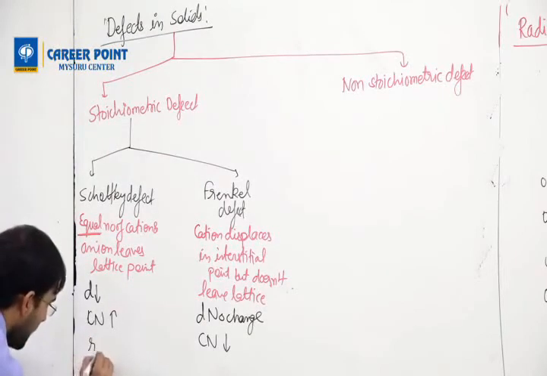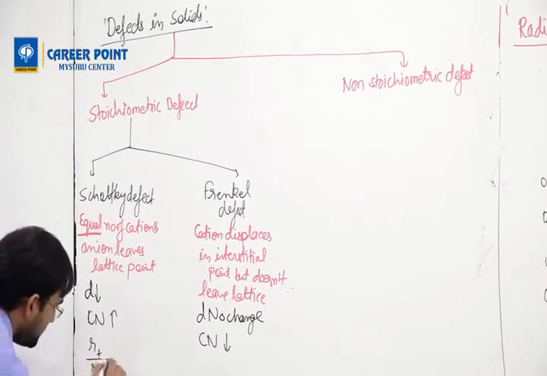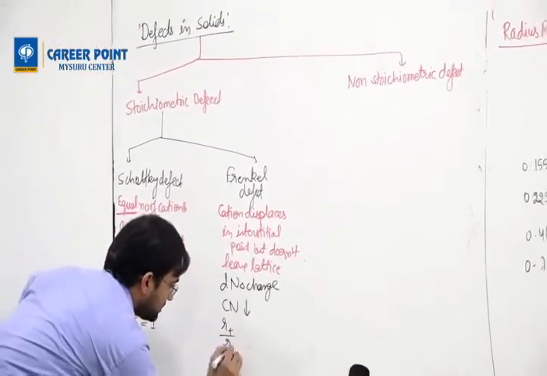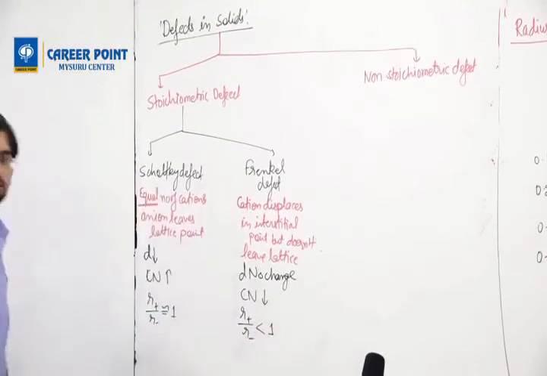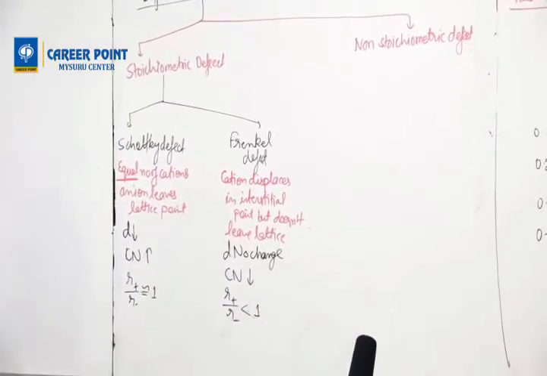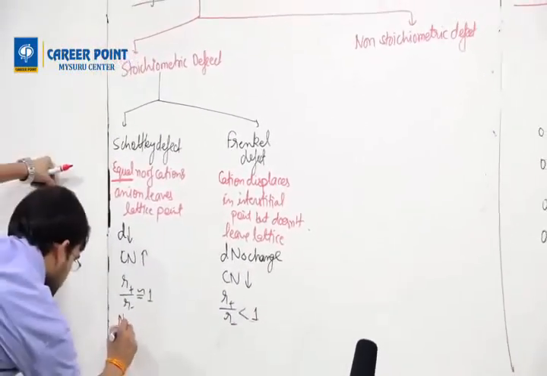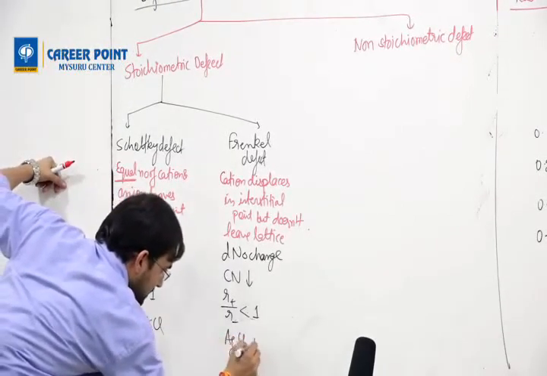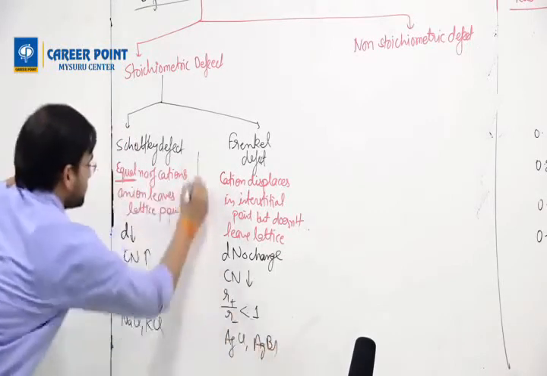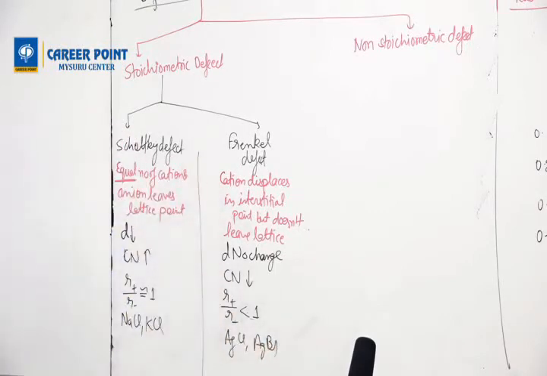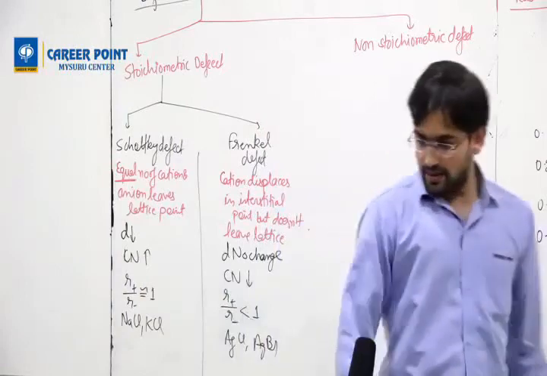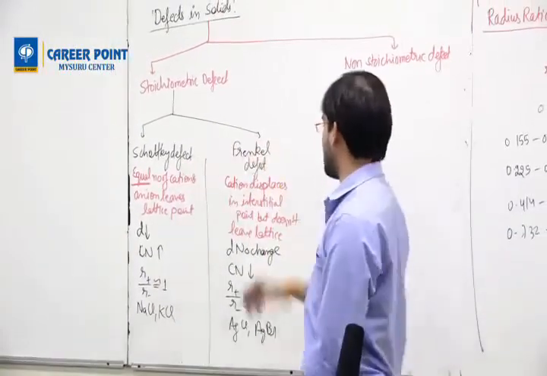And R+/R- is nearly equal to 1, whereas R+/R- is very less than 1. Examples: NaCl, KCl, here AgCl, AgBr. Understood? This is Schottky defect, Frenkel defect.